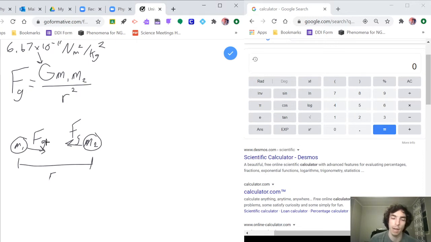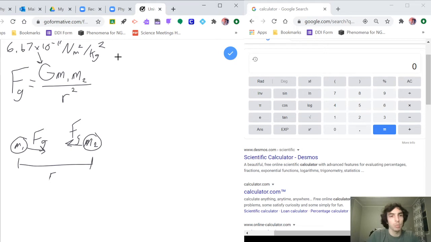The only other part of this equation that's not shown in this diagram is this constant, capital letter G, 6.67 times 10 to the negative 11th newton meters squared per kilogram squared.